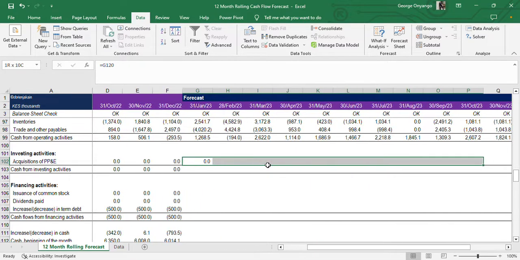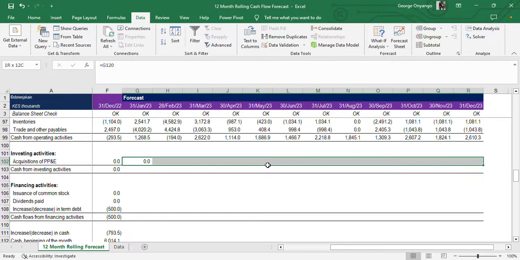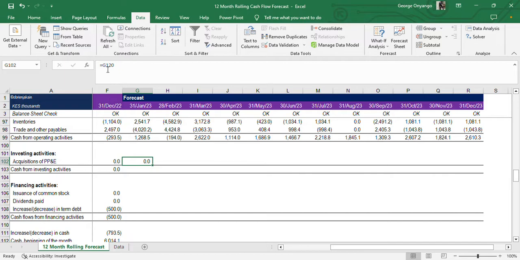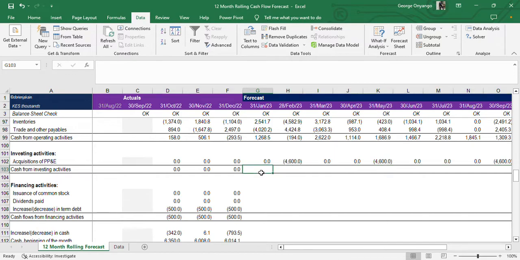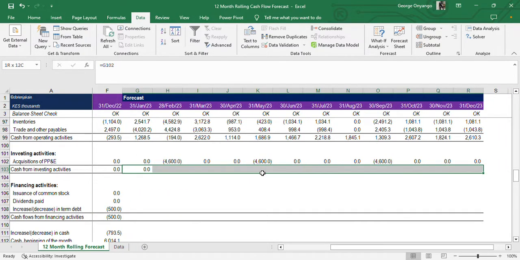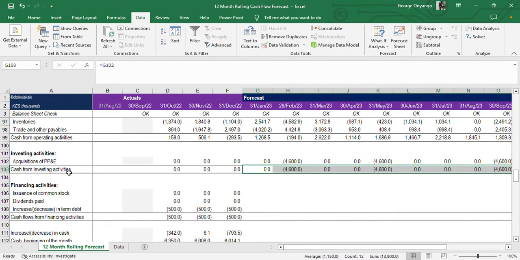Did they have any capital expenditure across the period? And remember, this is going to take money from the business, so it is negative. This is simply equal to this. So we also fill that right, and from there we are able to get the cash from investing activity.